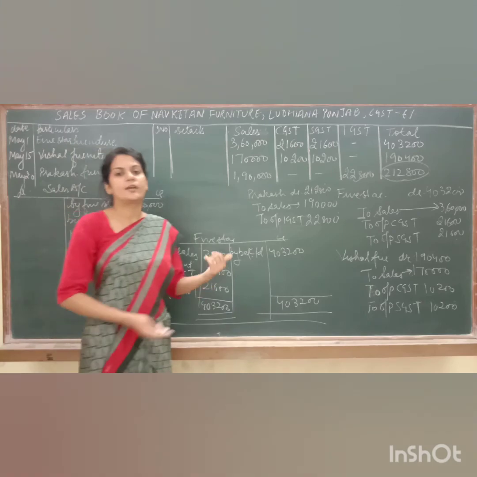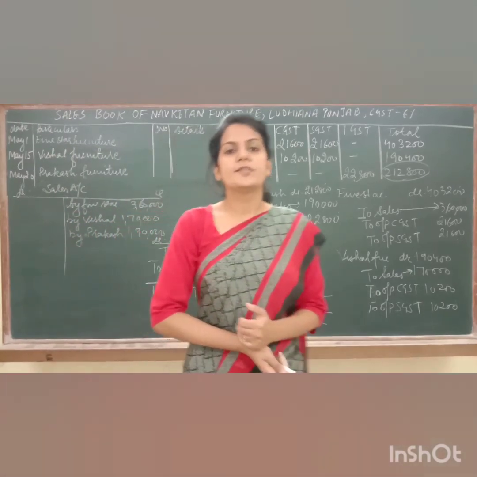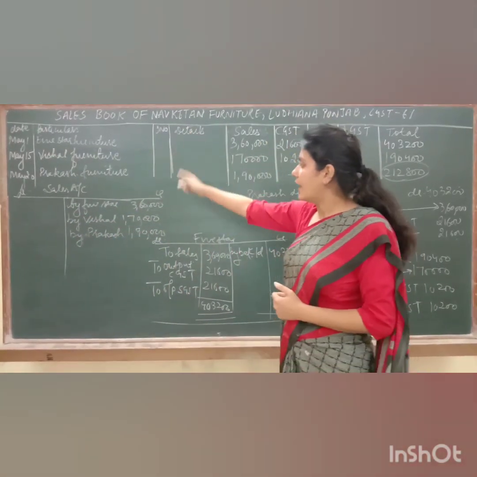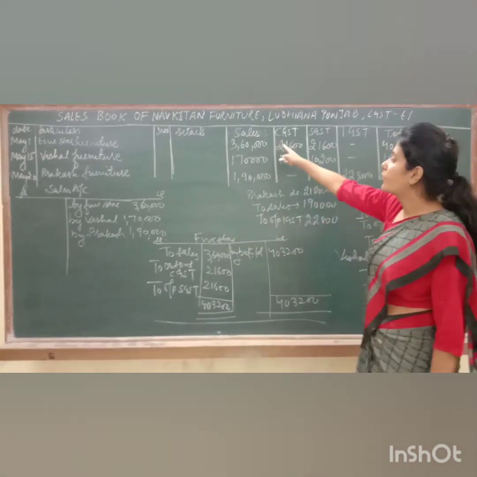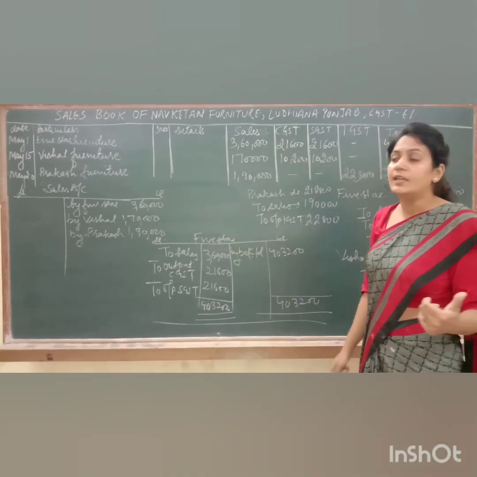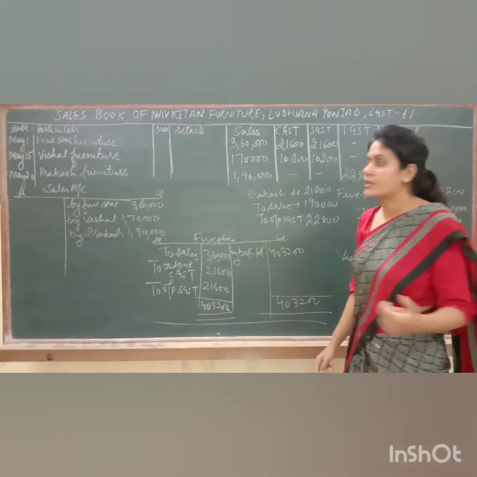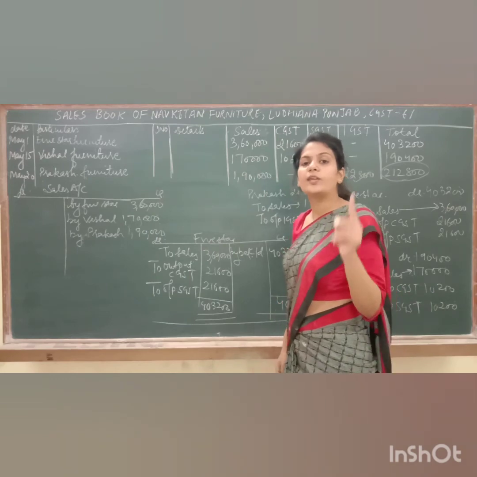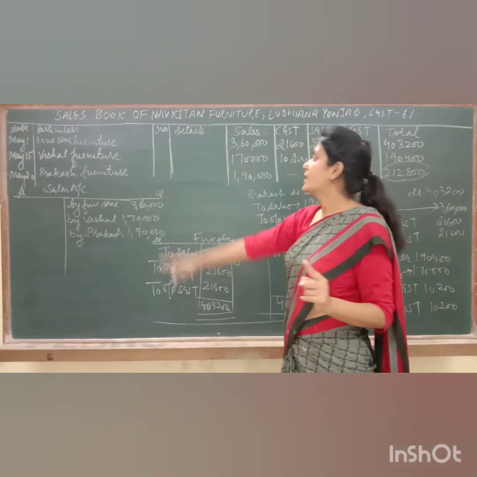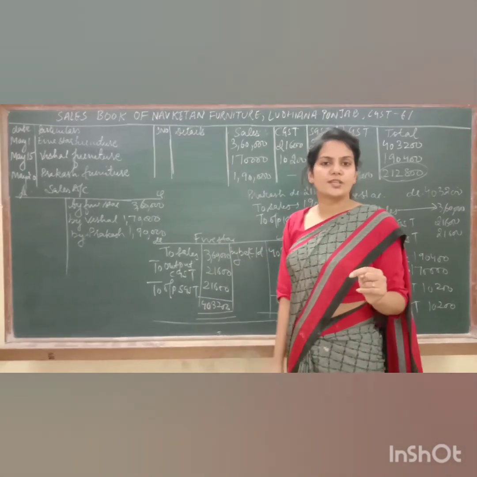Now again, one thing I would like to repeat here, that there is a difference between sales book and sales account. You can check the difference very clearly. Sales book is a part of the sales journal. Here we record the transactions. But sales account is an account in the ledger book. Here we post the transactions. Here recording is done, here posting is done.